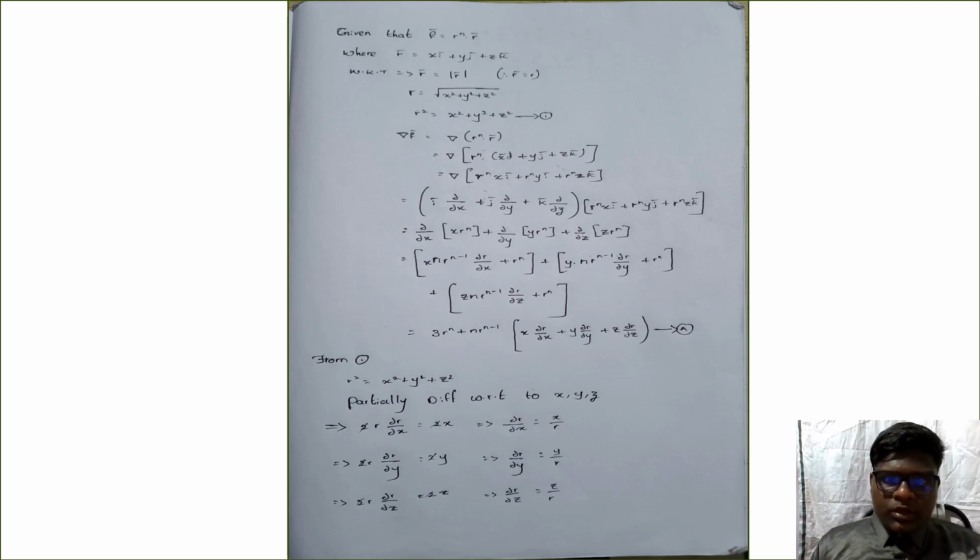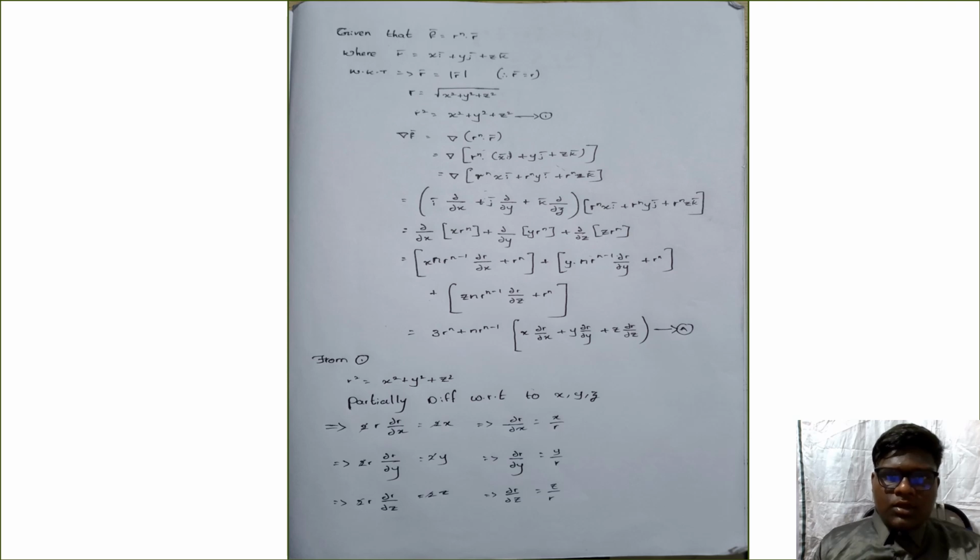That equals 3r power n plus n into r power n minus 1 of x into dou r by dou x plus y into dou r by dou y plus z into dou r by dou z. Here r power n plus r power n plus r power n gives 3r power n, and n into r power n minus 1 is common. We consider this as equation A.